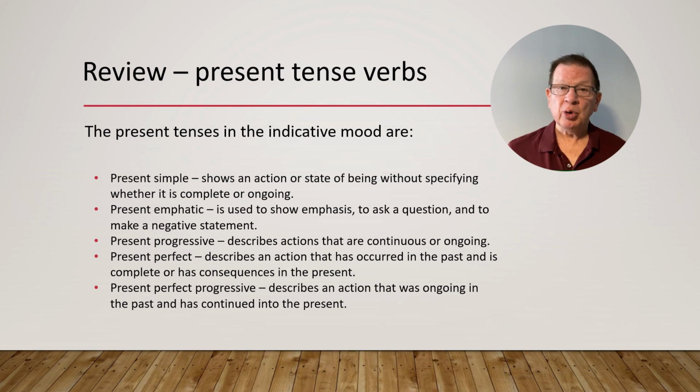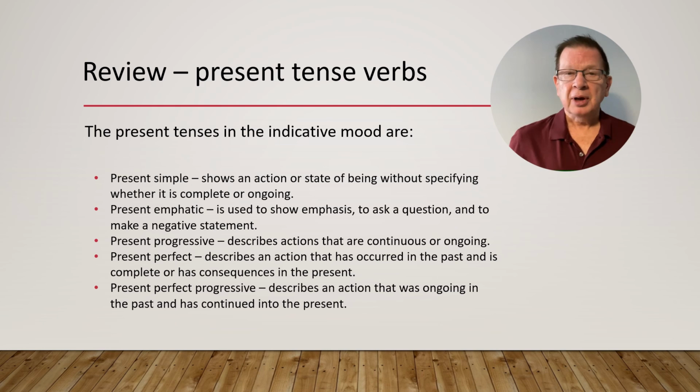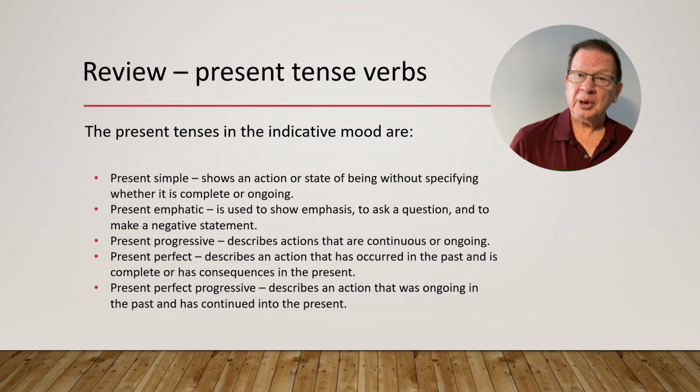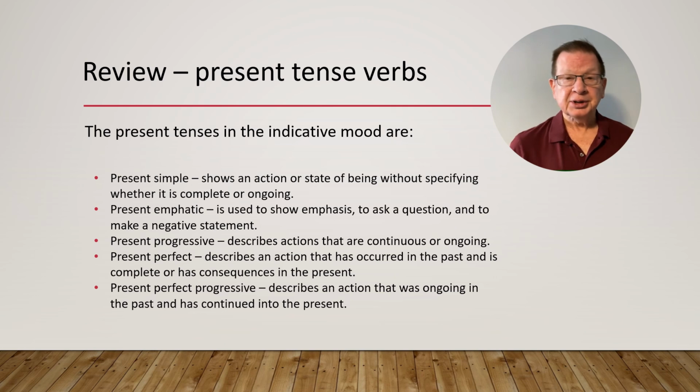Now let's review what we have learned about present tense verbs. The present tenses in the indicative mood are: the present simple tense shows an action or state of being without specifying whether it is complete or ongoing. The present emphatic tense is used to show emphasis, to ask a question, and to make a negative statement. The present progressive tense describes actions that are continuous or ongoing.